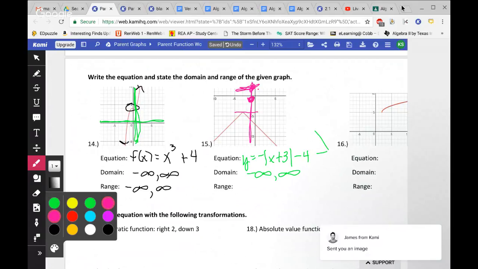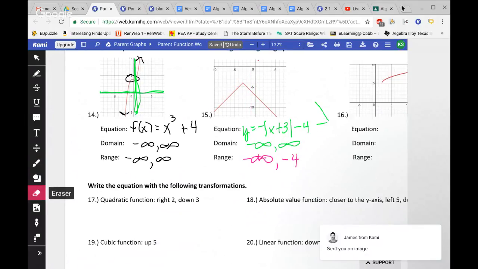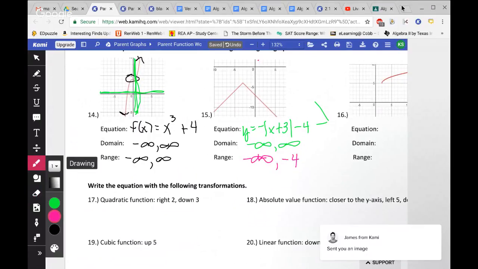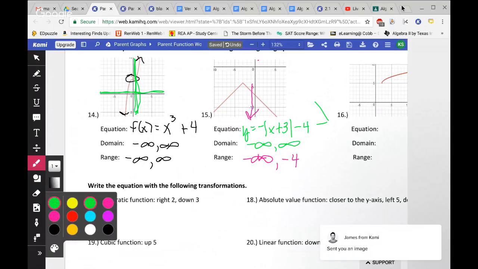It's only from here down. So it would be negative infinity to negative 4, because the y only goes to there. But the x's go on forever and ever. Does that make sense? Yeah.